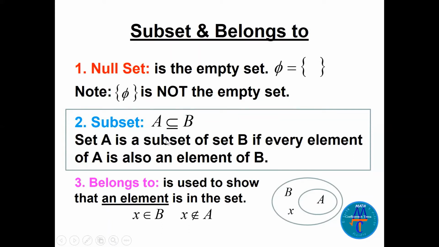Now subset: when you have A is a subset of B, that means every element in A is also an element of B. Like this diagram here on the right side, there is A, all included in B. So every element in A is also an element in B. So we use subset if we compare two sets.